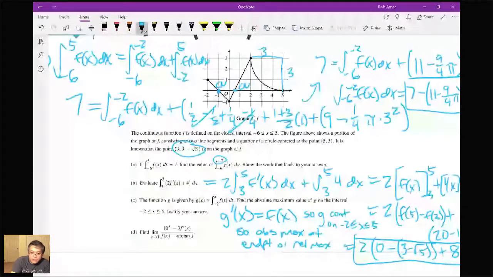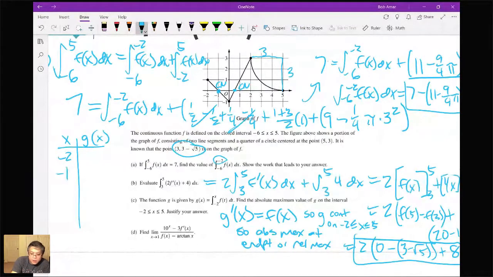Let's make a table. I actually need g of x. So the table is going to have -2, -1, 1/2, and then 5.